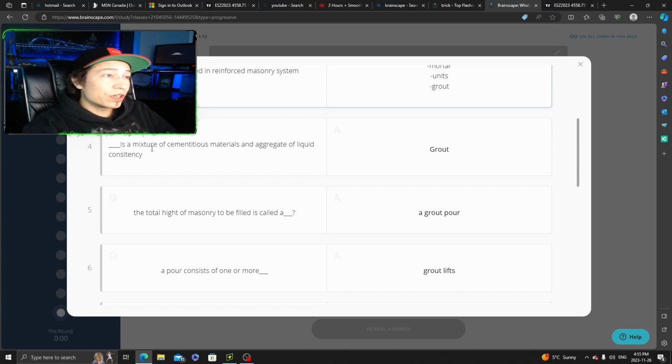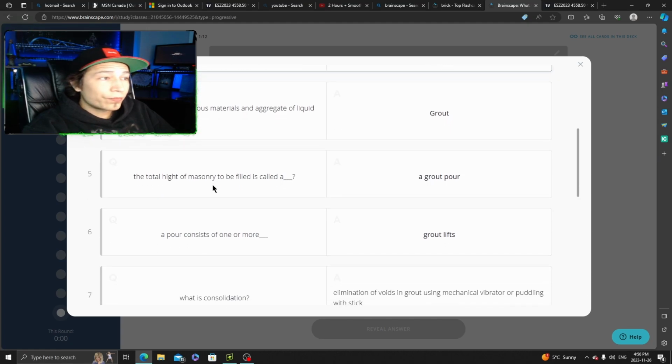Grout is a mixture of cementitious materials and aggregate of liquid consistency.